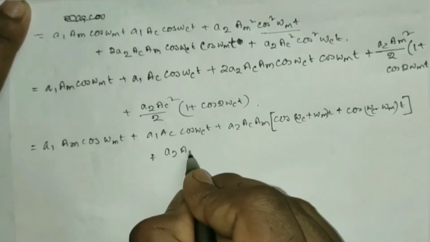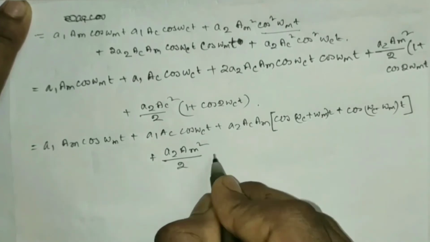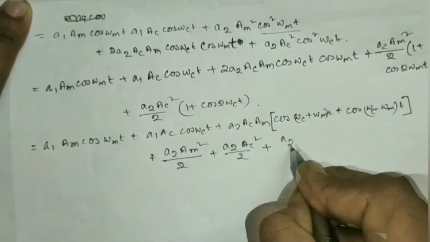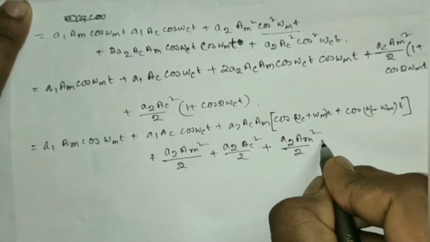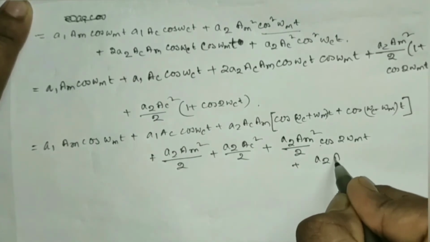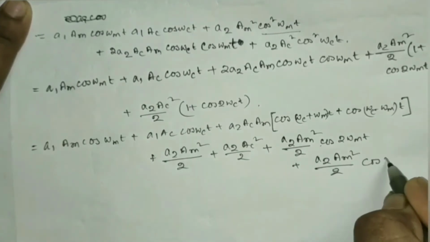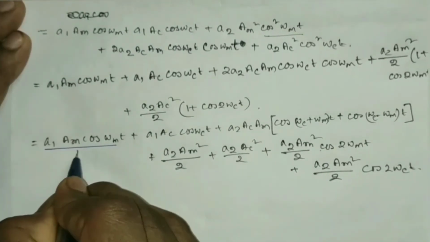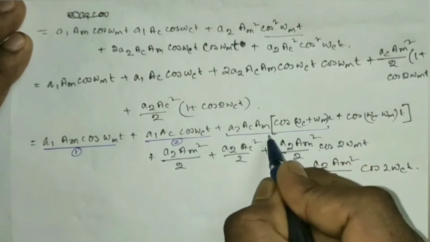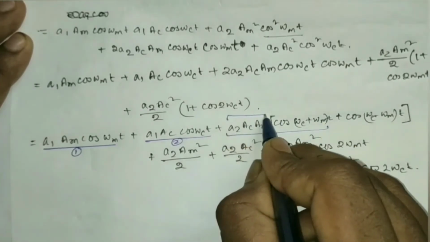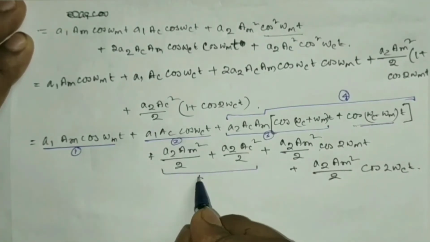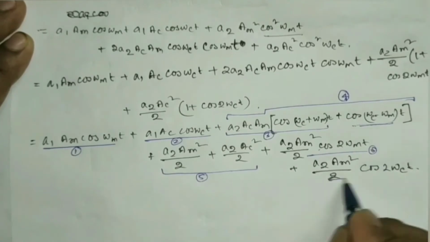Then a2 Am square upon 2 plus a2 Ac square upon 2 plus a2 Am square upon 2 into cos 2 omega m t plus a2 Ac square upon 2 into cos 2 omega c t. This one is 1, this one is 2, this one is 3, this one is 4, taking this one, then these two combined is 5, this is 6 and this is 7.